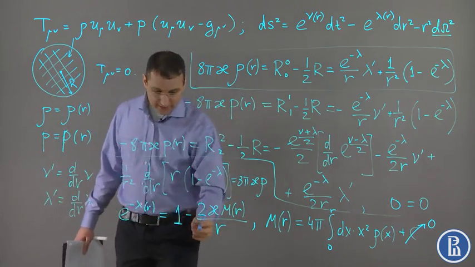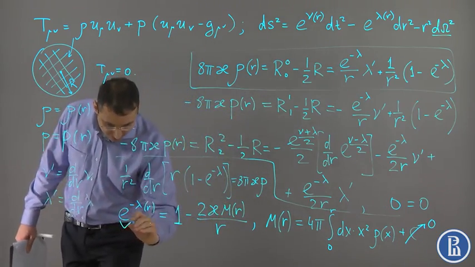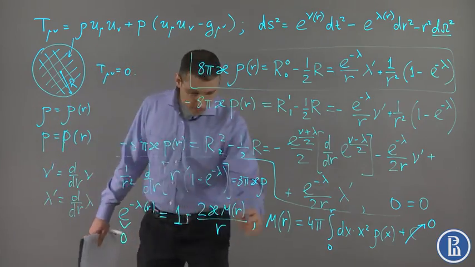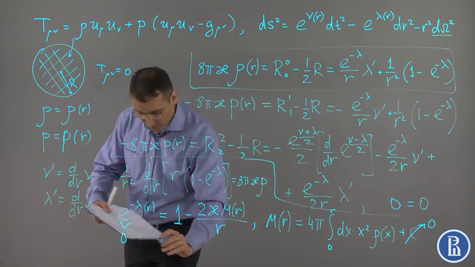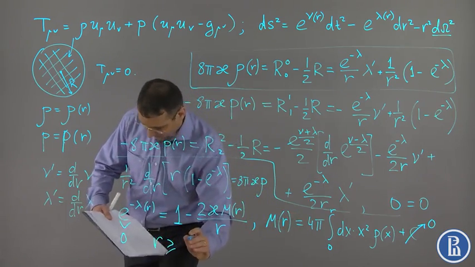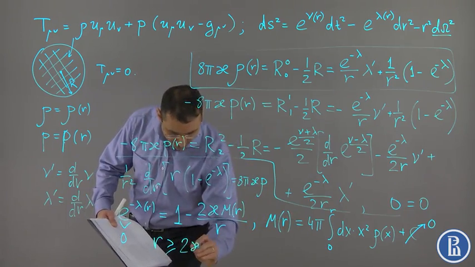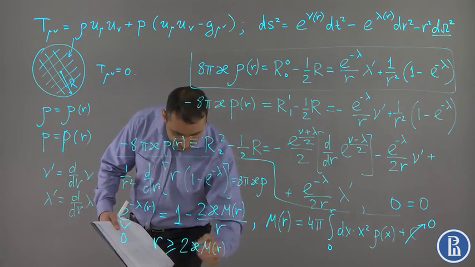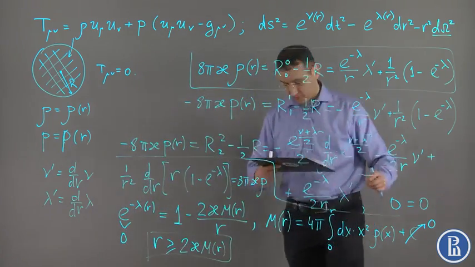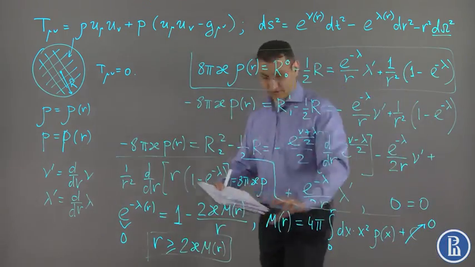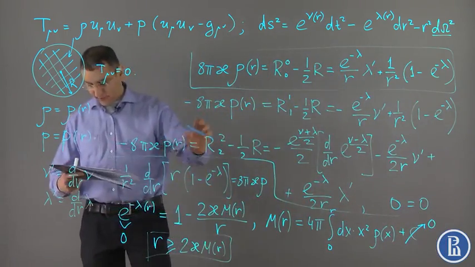So we want this to be greater than 0, which means that 2 kappa m of r should be smaller than r. This is a restriction on rho, as follows from here. So these are the restrictions we have from regularity.